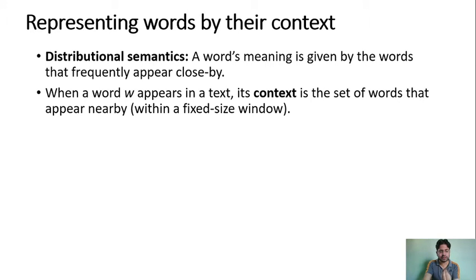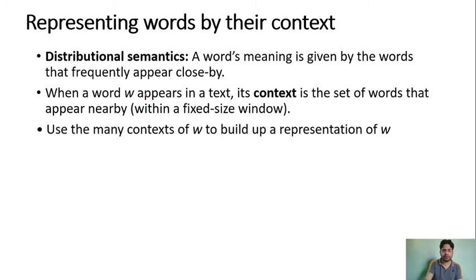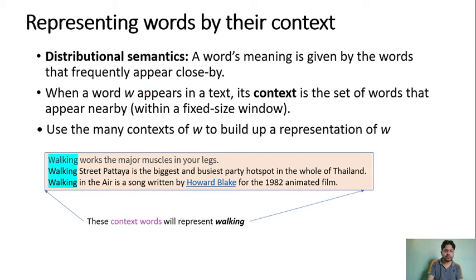Suppose we have a word w that appears here. Let's take one example. Suppose you take the word walking. In the first sentence, walking works the major muscles in your legs. This walking is talking about the walk that you do, like a morning walk or evening walk.